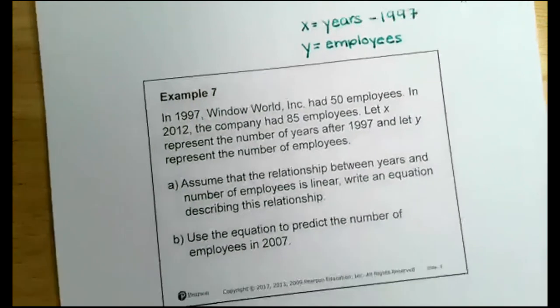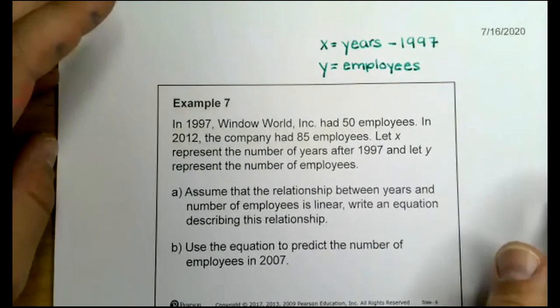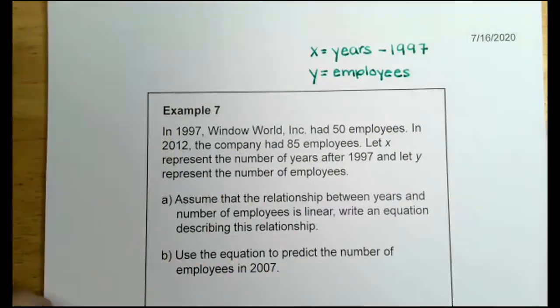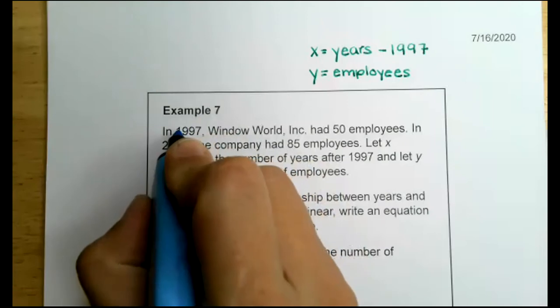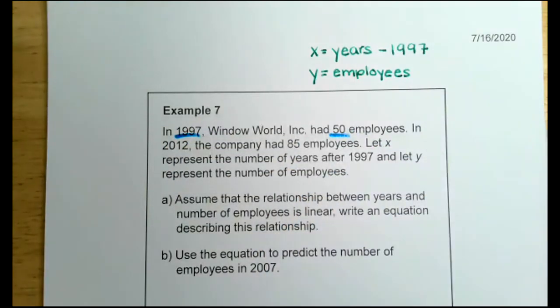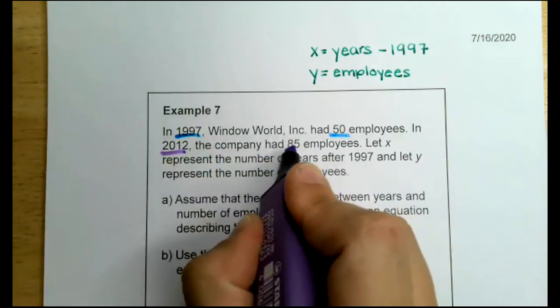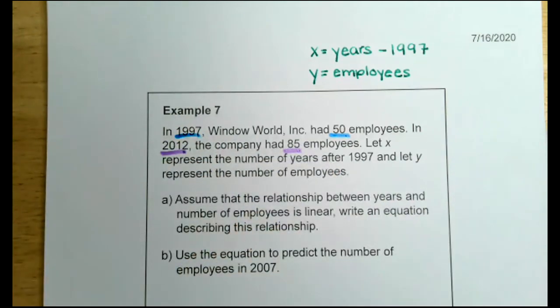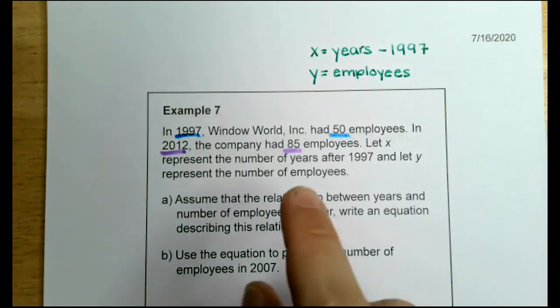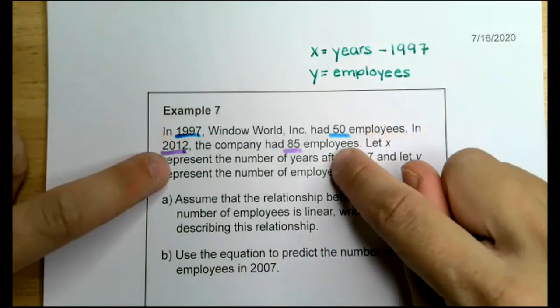So all we have right now is some data points, right? We know that in 1997, we had 50, and in 2012, we had 85. So that is really just 2 points. This is one set of XY, this is one set of XY.